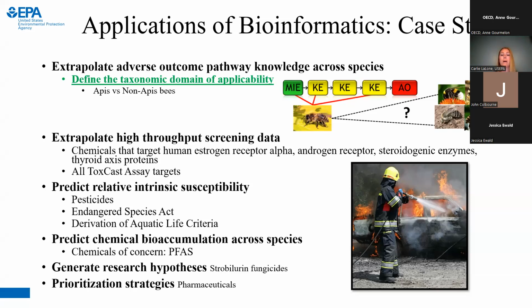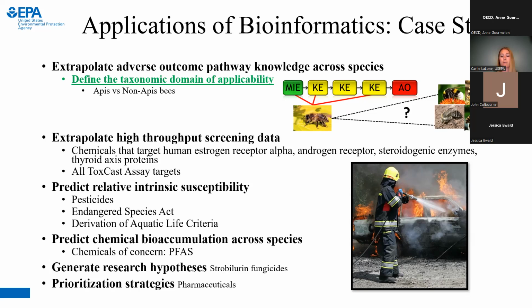So like we were talking about, if there are specific pesticides that are being used in the environment, how broadly can we anticipate extrapolating that knowledge to other species? In the context of endangered species and derivation of aquatic life criteria, the tool has also been used and published. Most recently, we've started publishing case examples looking at bioaccumulation potential across species relative to perfluoroalkyl substances. The tool can be used for generating research hypotheses as well as for prioritization strategies.